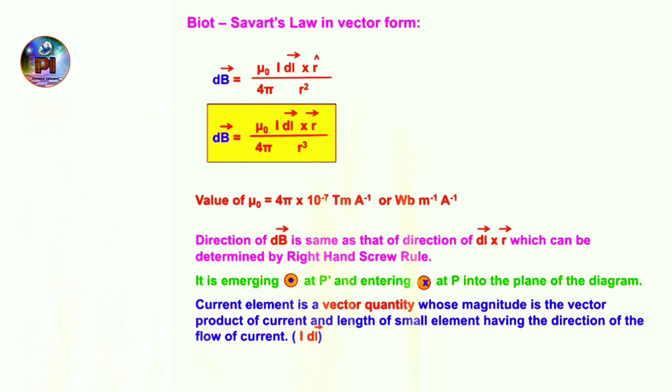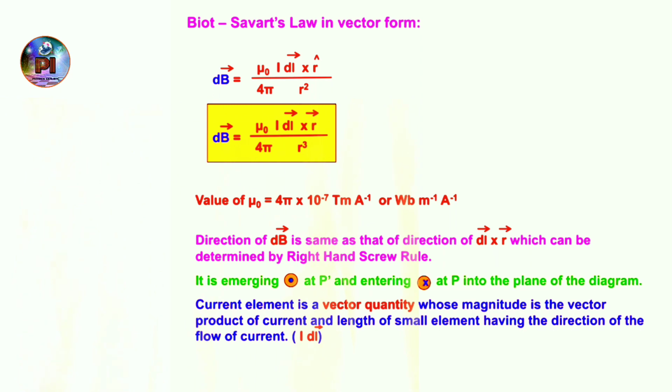The second rule is Maxwell's corkscrew rule. According to this rule, if we rotate a right-handed screw in such a way that the direction of the advance of the screw is in the direction of current, then the direction of rotation will give the direction of magnetic field lines.